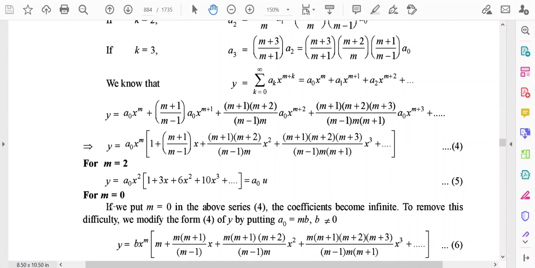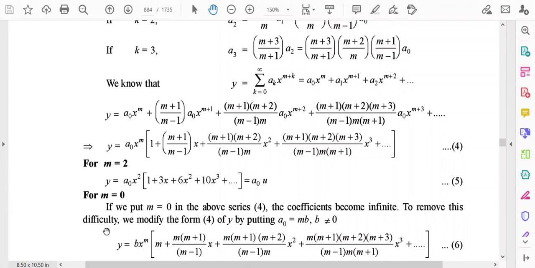Now for m is equal to 0, suppose in the above series, if we put m is equal to 0, then the coefficient becomes infinite, because you see in the denominator there is m. As the coefficient becomes infinite, you have to overcome this difficulty like the previous problem.